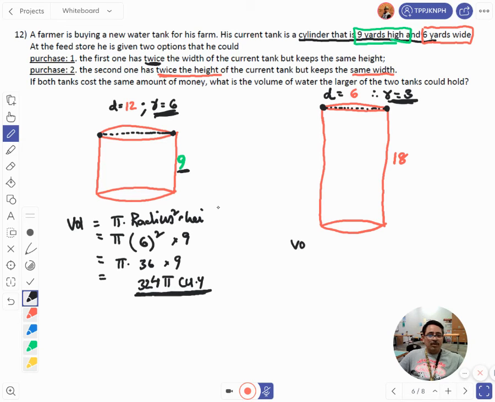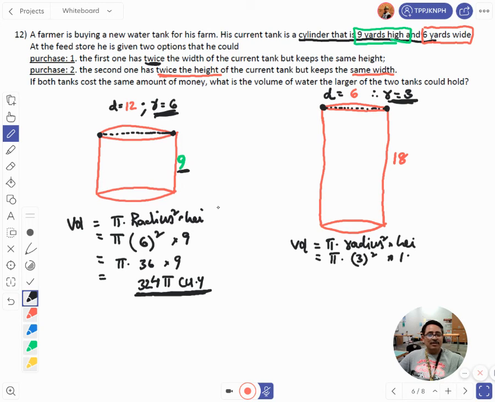Coming to the second one, volume equals pi r square h, pi times radius square times h. The radius is not 6, radius is 3. Therefore 3 square times h.